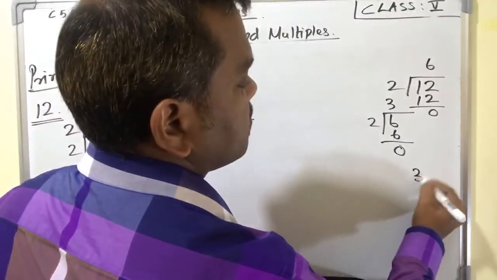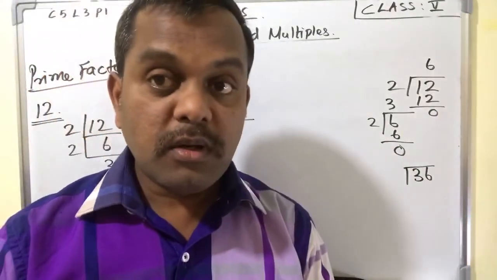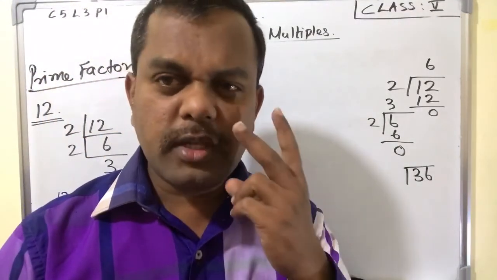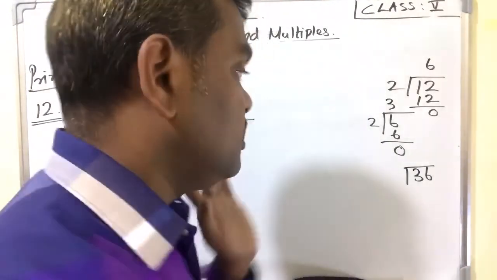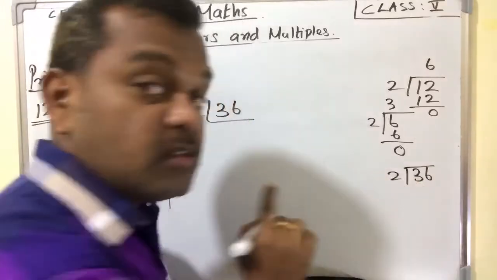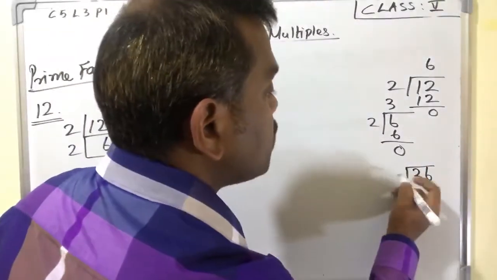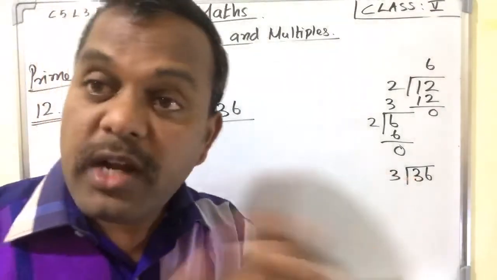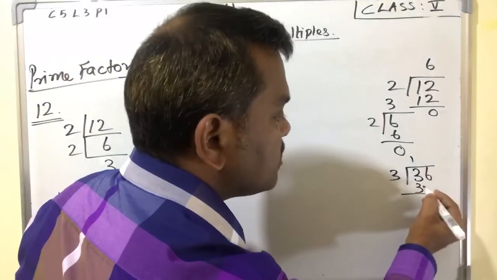Divide 36 with which number? You have to check with the lowest prime number. What is the lowest prime number? 2. Check with 2. If it is not possible, we can divide 36 with 3 also, no problem. 1 3 is 3, balance 0.